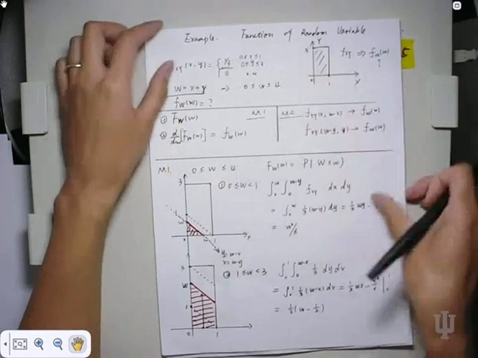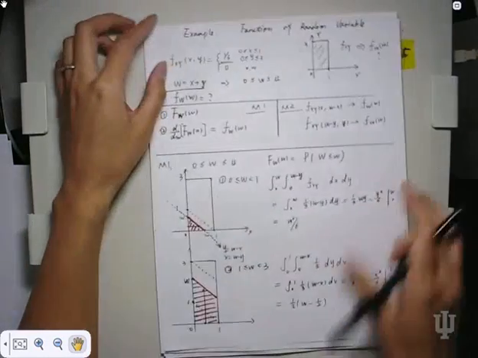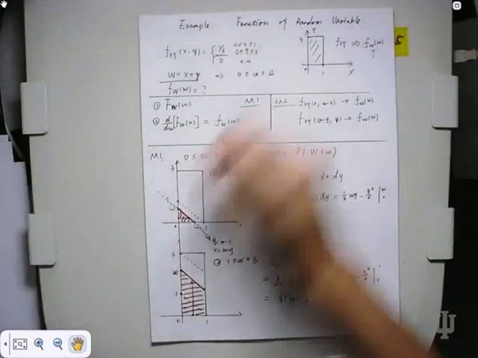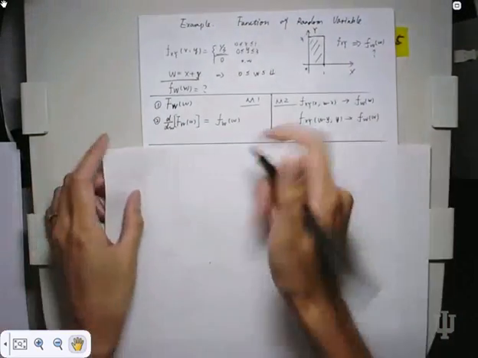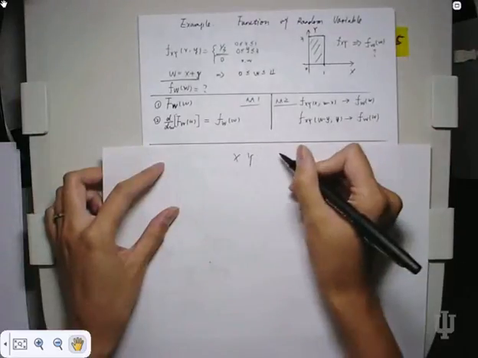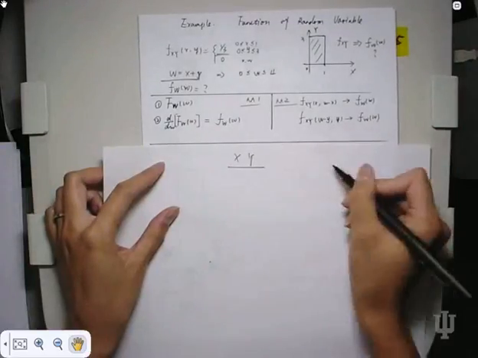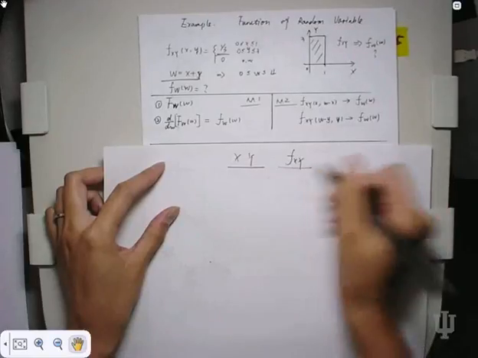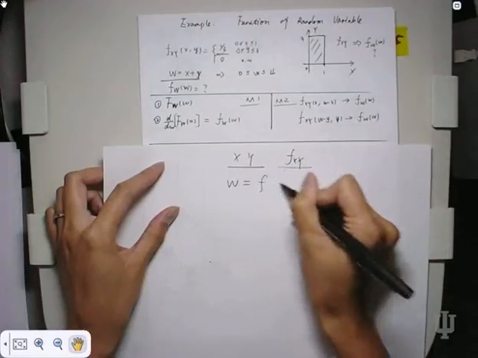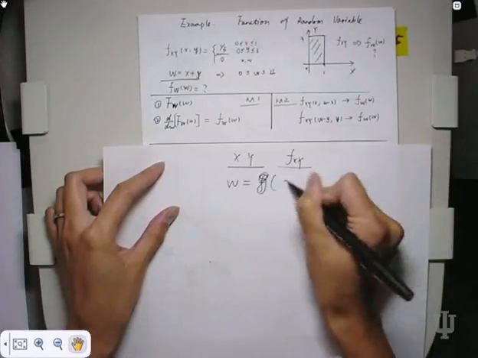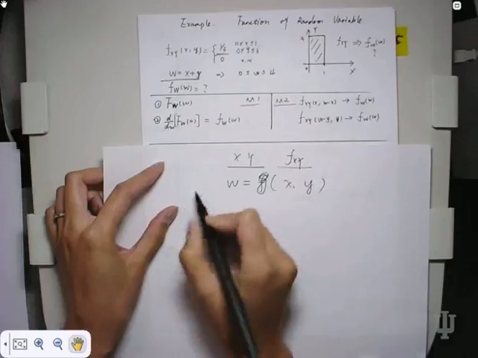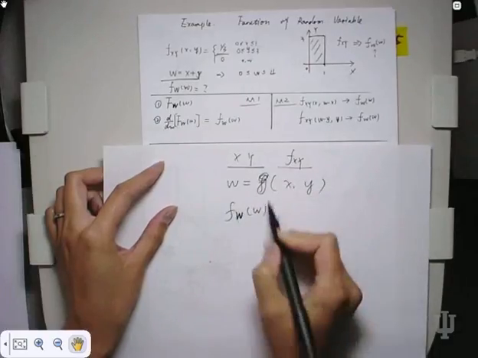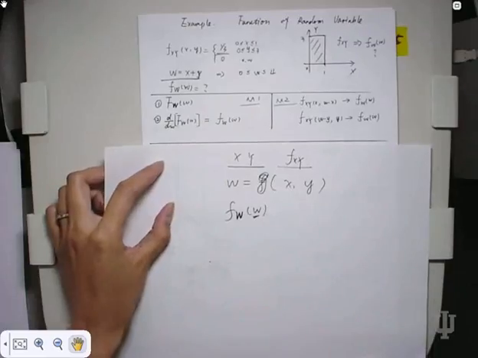we need to analyze step by step if you still remember. So a common way to do this kind of problem, for any random variable, you know the joint probability density function, and you are asked the probability density function for a function of x and y.